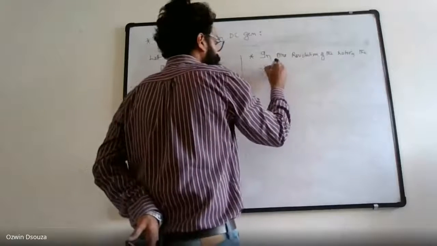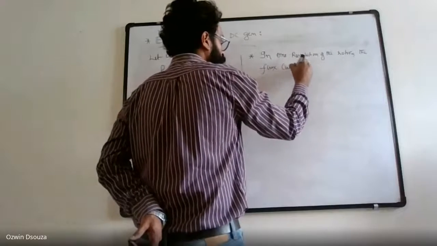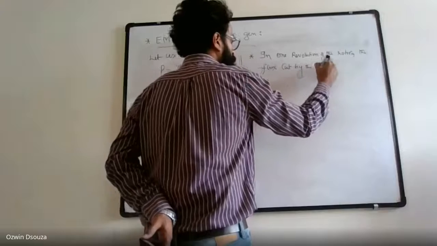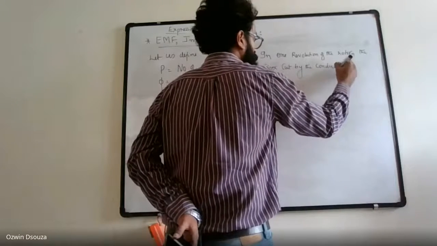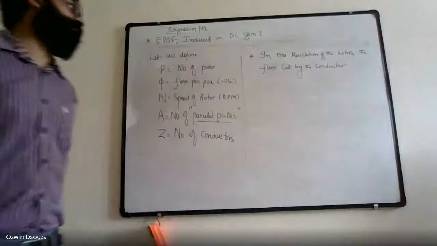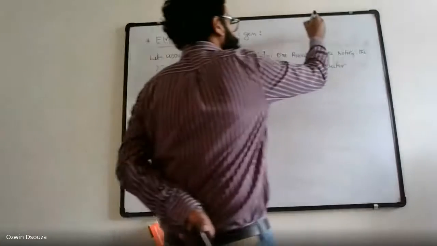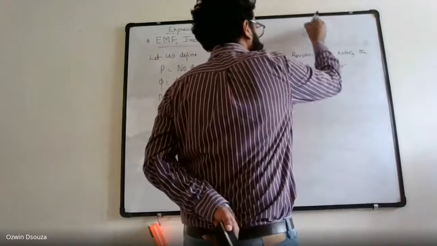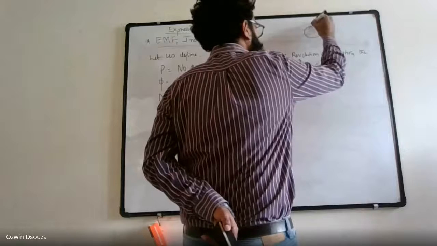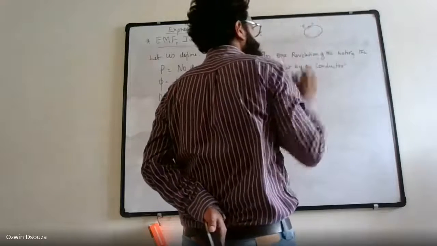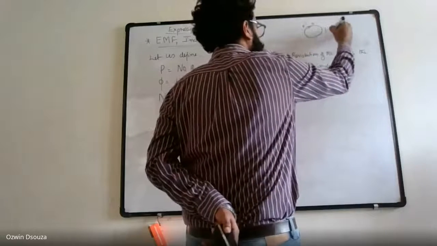the flux cut by the conductor in one revolution of the rotor, that means to say, here you will start and here you will stop, right? So this is called one revolution.